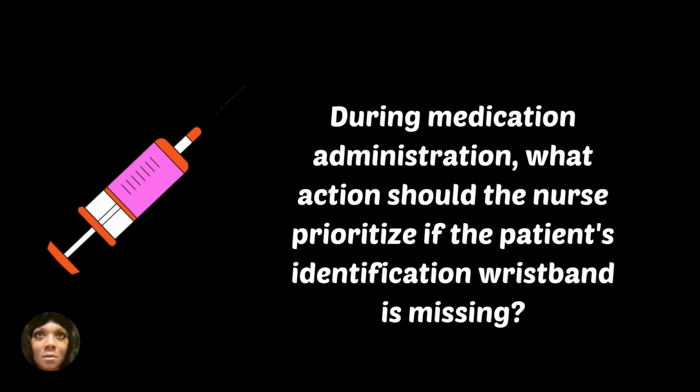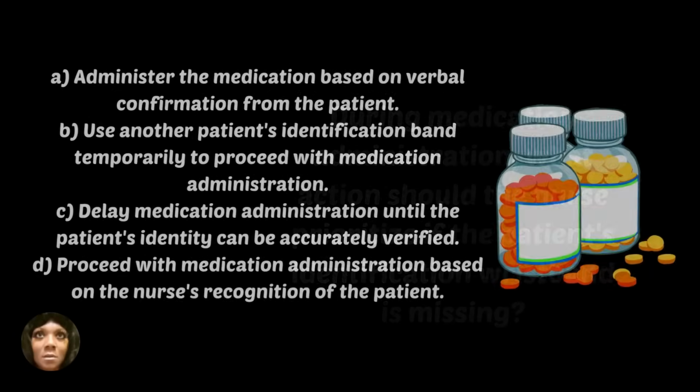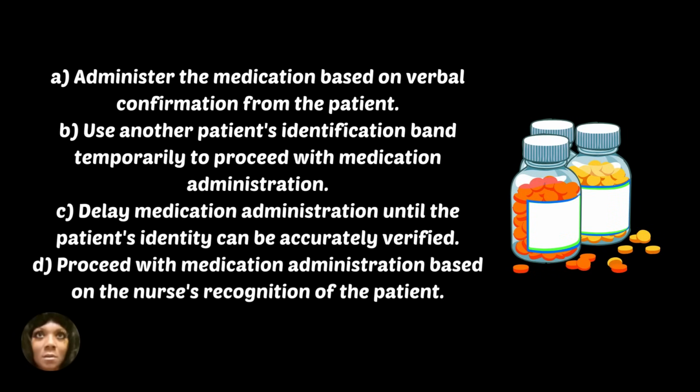During medication administration, what action should the nurse prioritize if the patient's identification wristband is missing? Is it A, administer the medication based on verbal confirmation from the patient? B, use another patient's identification band temporarily to proceed with medication administration.